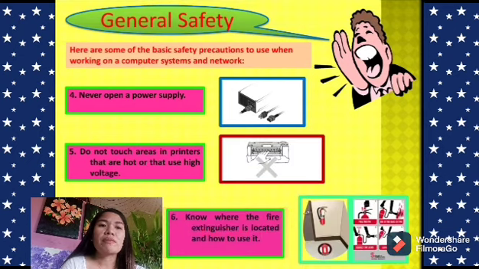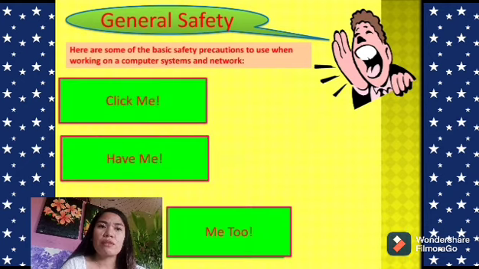Okay, next is know where the fire extinguisher is located and how to use it. For you to be aware of fire suddenly occurs, so you need to know where is the fire extinguisher located in a certain area. Next, we will proceed.